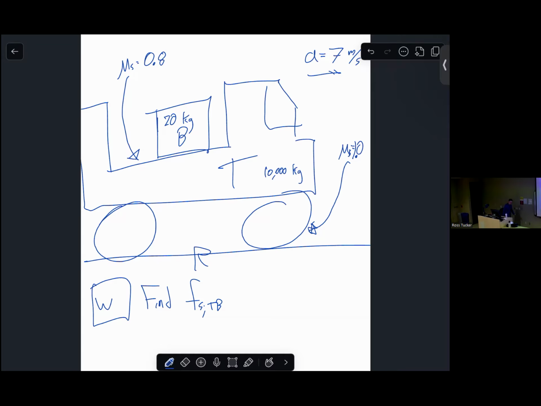Okay, the correct answer is 140 newtons. If static friction is net force and net force is ma, then static friction here we can only find with ma. Very last question: what's the max force that static friction can possibly provide?